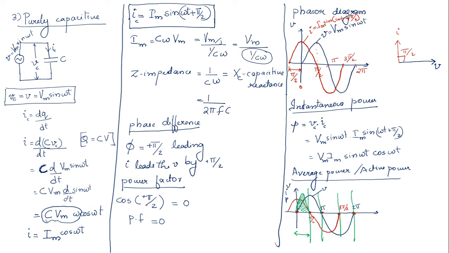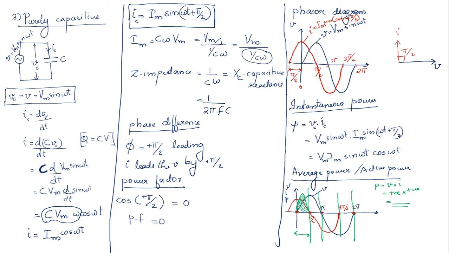Positive curve and positive curve multiplied: power is equal to voltage into current. The voltage values are positive in this interval and the current values are also positive, which means the power curve will also be a positive curve. Why is the shape like this? You may try multiplying some values and you'll get a curve like this.